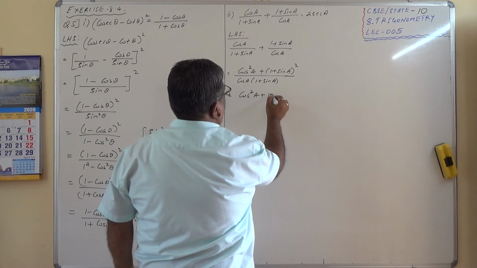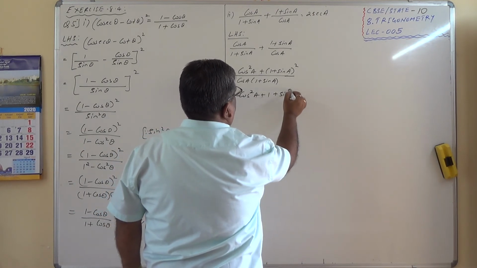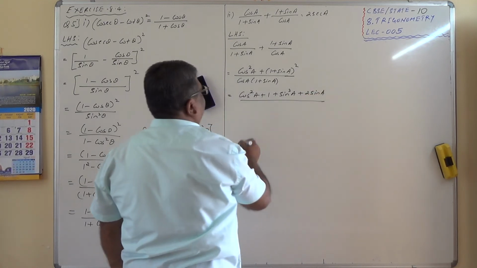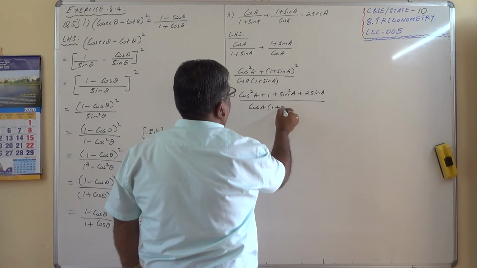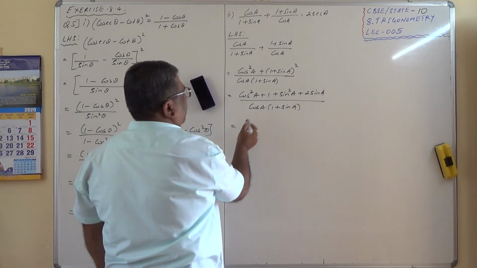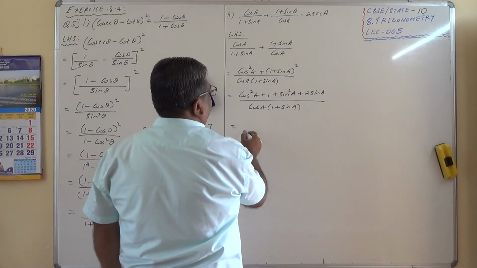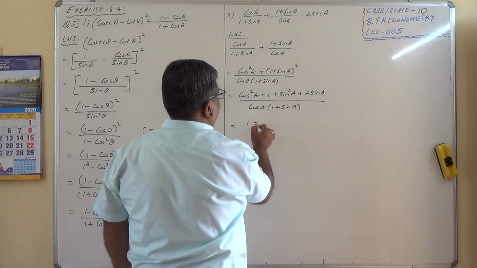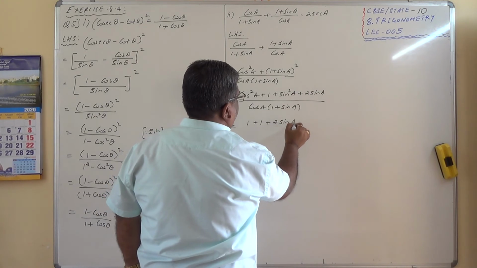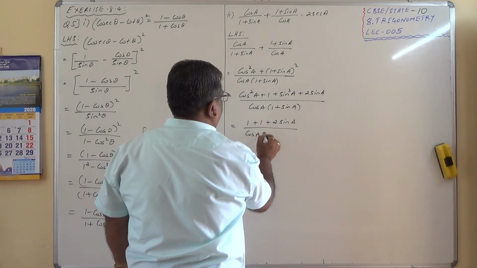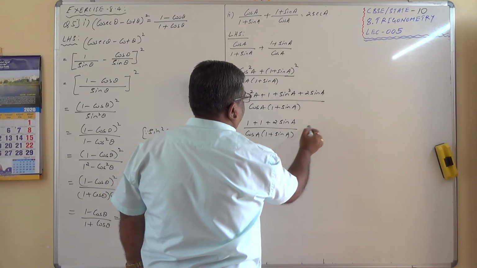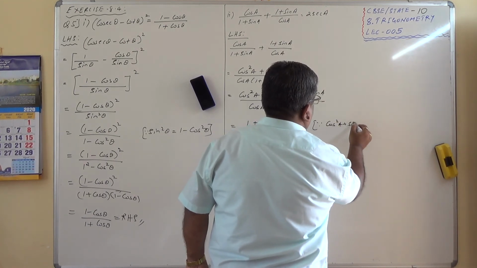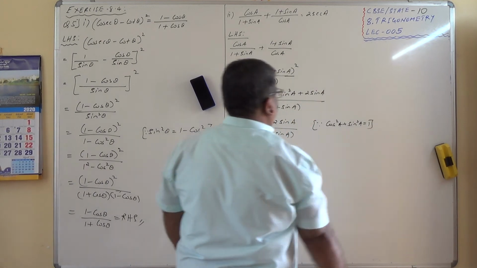Cos square A plus 1 square is 1, plus sin square A plus 2 sin A, the whole divided by cos A into 1 plus sin A. Cos square plus sin square equals 1, so 1 plus 1 plus 2 times sin A divided by cos A into 1 plus sin A. Reason: cos square A plus sin square A equals 1.